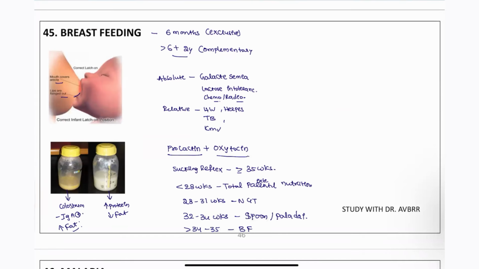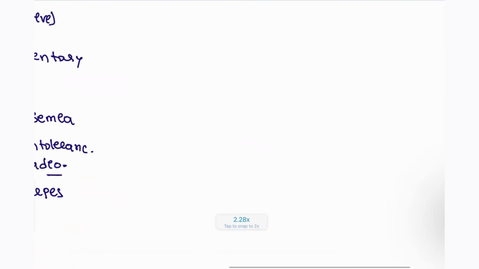Next, in breastfeeding we also have to take note of the important ingredients, or let's say the nutrients. What is deficient and what is important here. Mostly the breast milk contains lactose. This is the lactose that will be present.